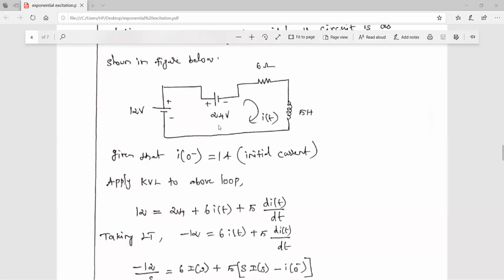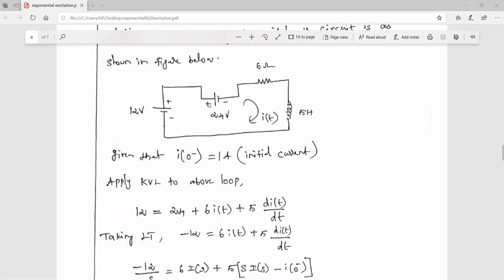What is the KVL equation? The algebraic sum of all the voltages in the closed path is equal to 0. Here we are starting from minus to plus, which is a voltage rise. So we have to write voltage rise on one side and voltage drop on the other side. Minus to plus, it is 12.